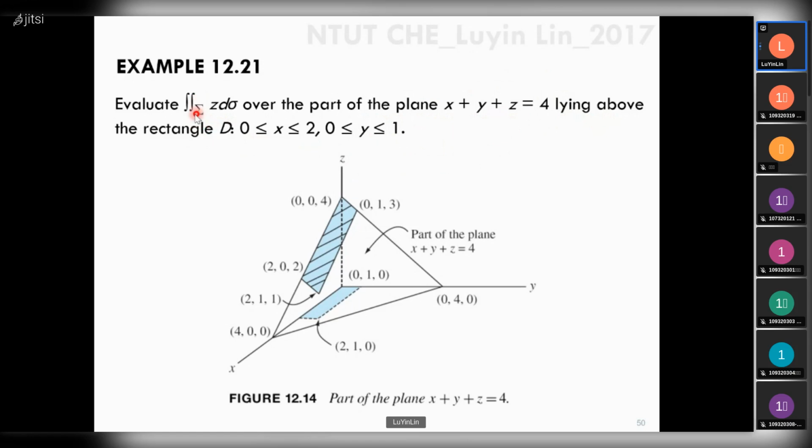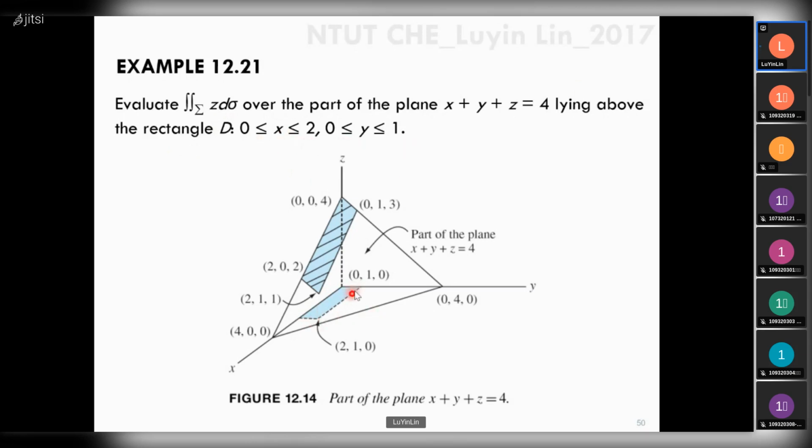Actually, sigma is a little complicated. This equation shows the plane, the triangle, this one. The plane lies above the rectangle D. D is this one. The range of D is x from 0 to 2, y from 0 to 1.